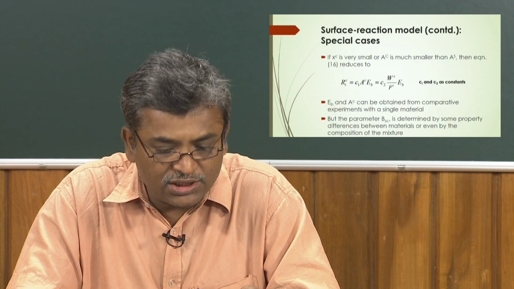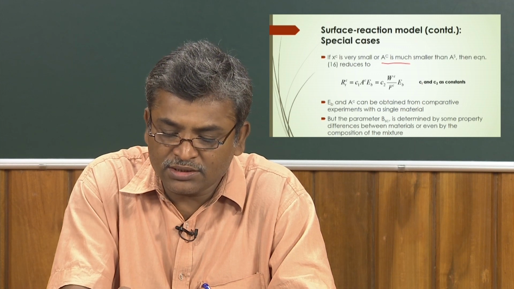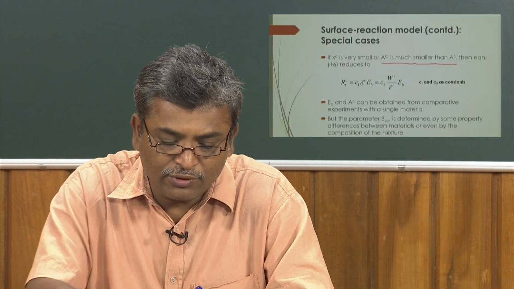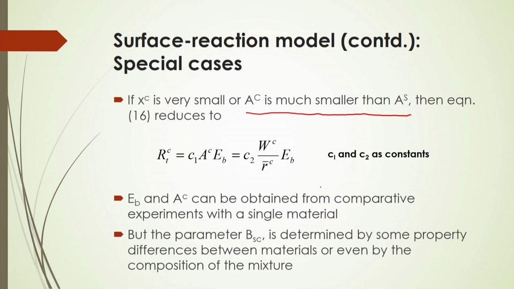Now, if XC is very small, or you can say the mass of C is smaller than that of S, then equation 16 reduces to RTC equal to C 2 into W C by R bar C into EB.